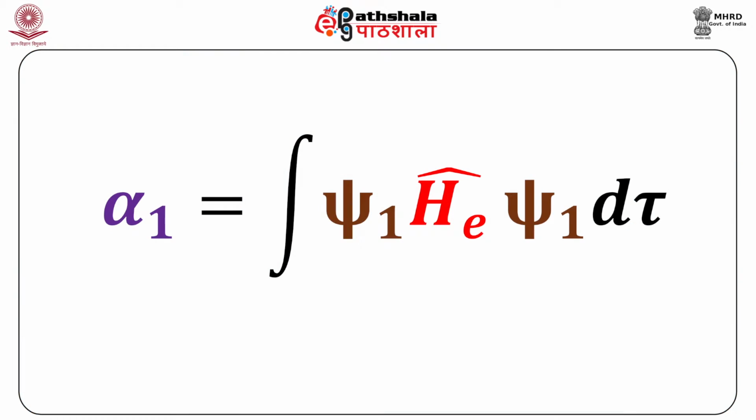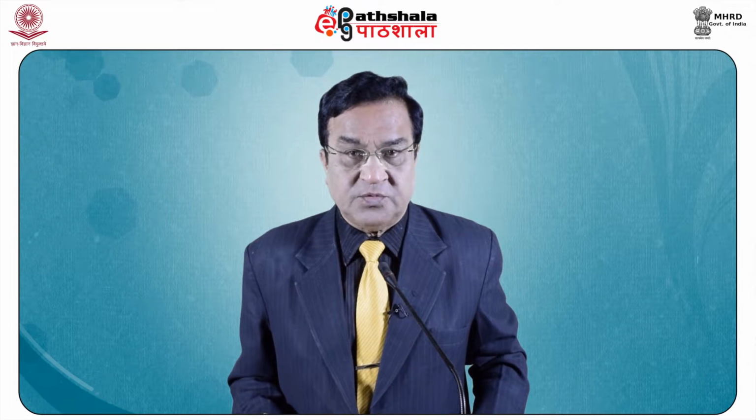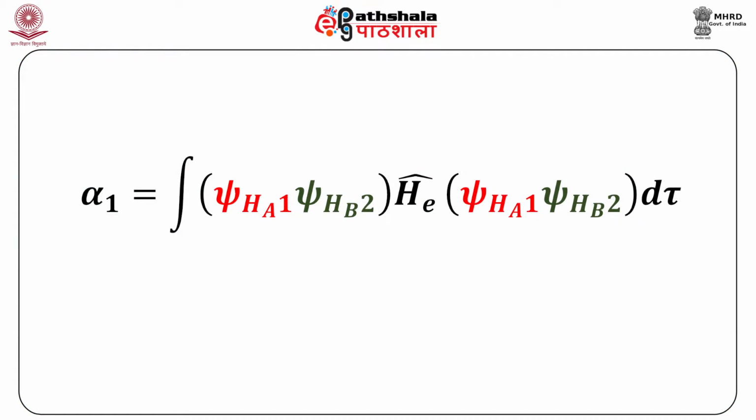Let's look at alpha 1. Alpha 1 is given by the integral psi 1 He cap psi 1 d tau. If we put the detailed expression for psi 1, one gets this. Alpha 1 is equal to the integral psi Ha1 psi Hb2, which is basically what psi 1 was, then He cap, psi Ha1 psi Hb2 d tau.